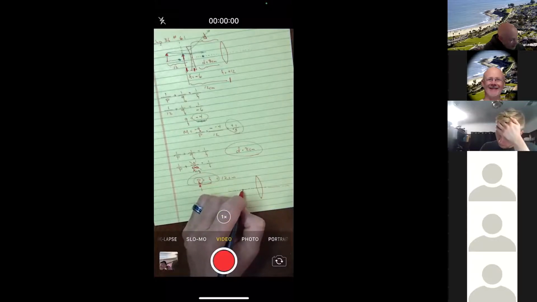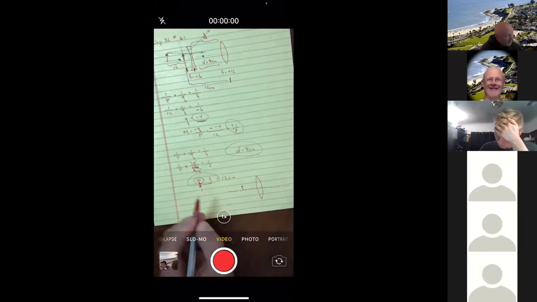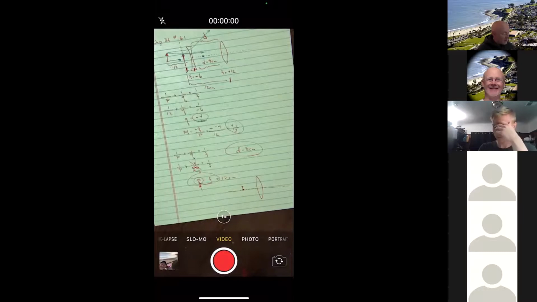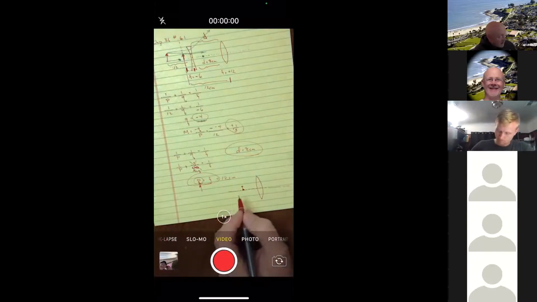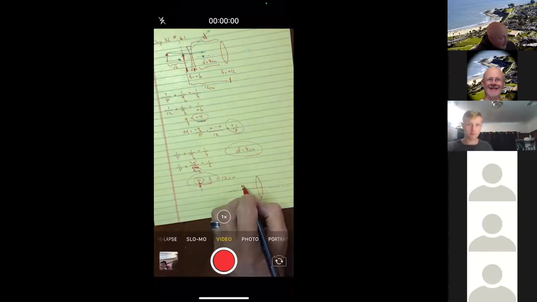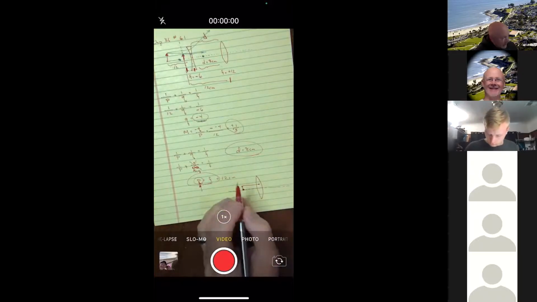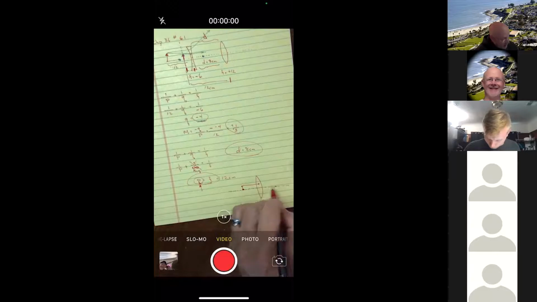If you were trying to draw where the ray goes and your object is actually at the focal, we said you do something like this. The ray that is going parallel hits and goes through the focal point.